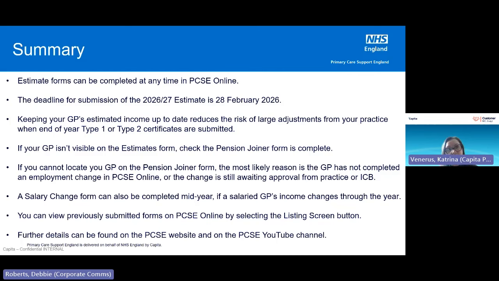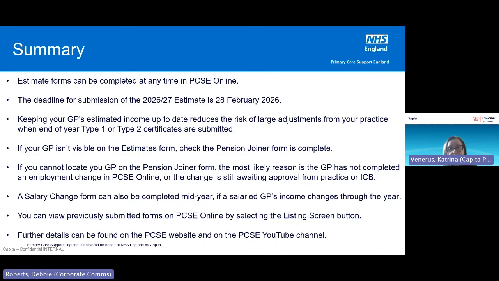If they haven't done that at all, you need to get them to do that, and then it will be approved by the practice if they're a salaried GP, and currently needs to be approved by the practice and the ICB if they're a partner. So you need to get them to do that employment change, get the approvals done, and then you'll be able to do the pensions joiner.